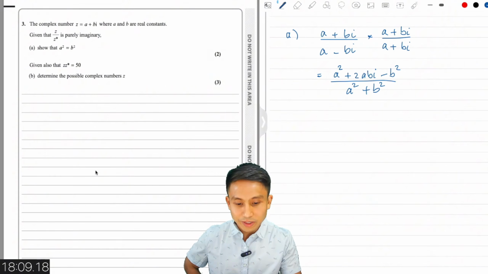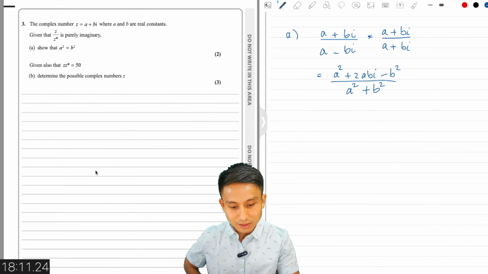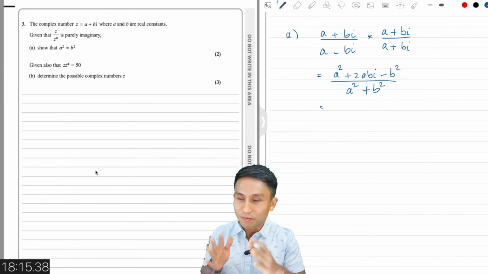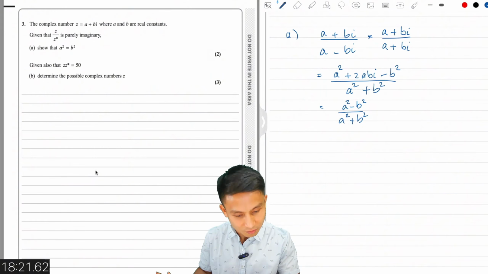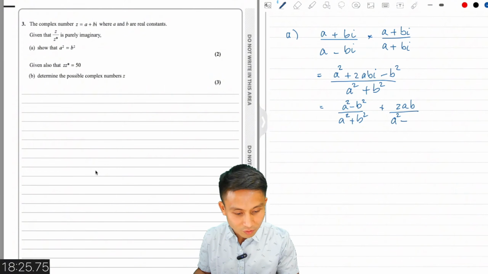And, well, because there's no real part here, let's split that into real part and imaginary part. So you get a squared minus b squared here divided by a squared plus b squared, right? That's the real part. And then the imaginary part is just 2ab divided by a squared plus b squared and i right here.